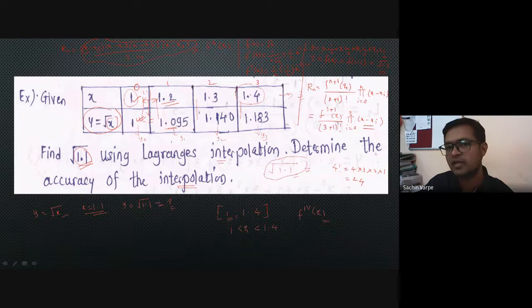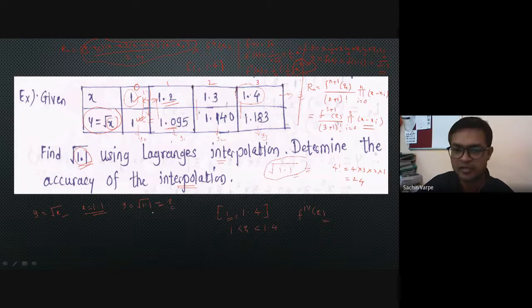Okay. Similarly, f triple dash and the 4th order derivative. So the 4th order derivative will be like this, having a negative power. Actually, we have the interval 1 to 1.4, so this negative power will be maximum.